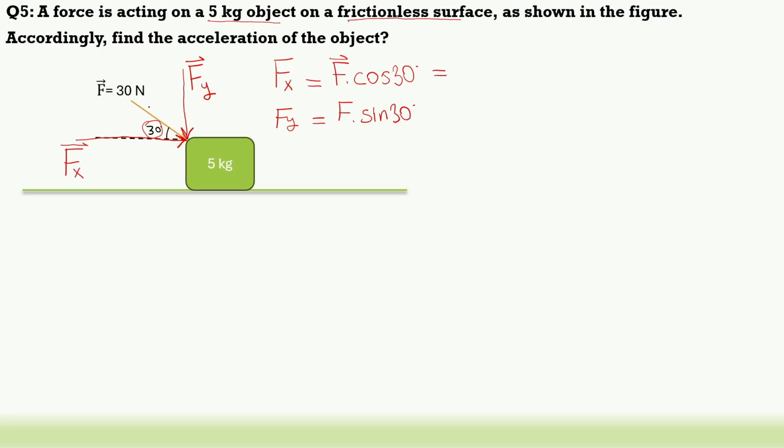F is 30 Newton, so Fx is 30 Newton times cosine 30, and Fy is 30 times sine 30.